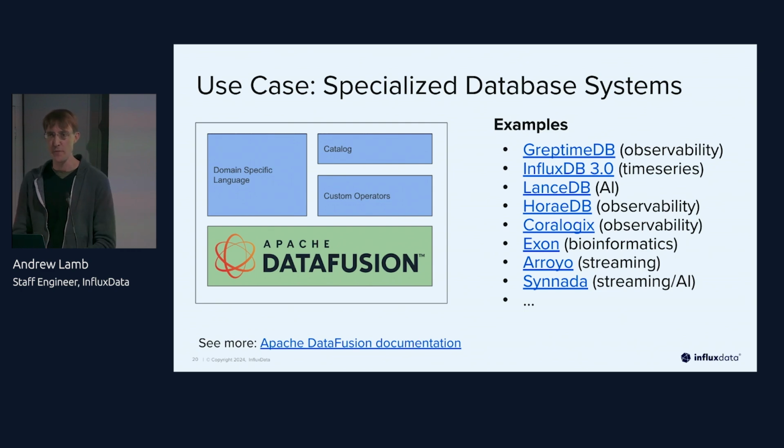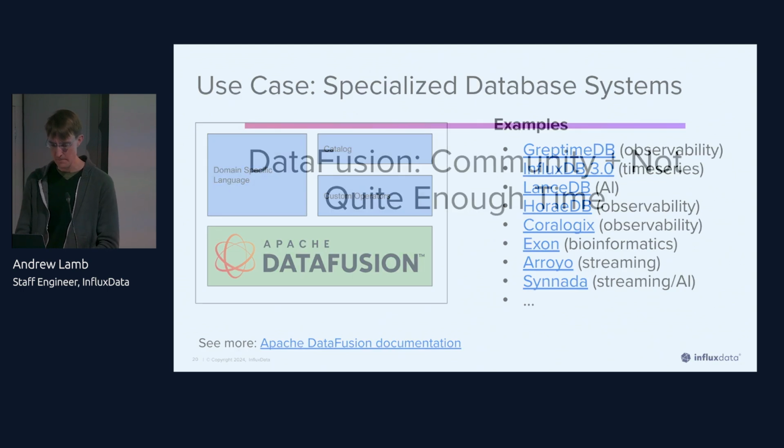They have their own specialized formats, but apparently state-of-the-art data processing in bioinformatics, at least according to the talk from the guy who did Exon, is a bunch of Linux executables that you string together as a shell script to orchestrate your data flow that way. So he built a more modern data orchestration tool based on DataFusion, with his own table provider for the bioinformatics formats that did predicate pushdown in them. And then we have several examples of streaming. I think Ozan will talk about that later, but there are a couple of other systems that do streaming-type SQL stuff.